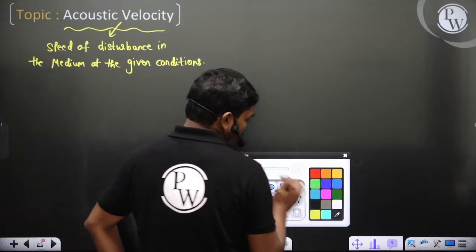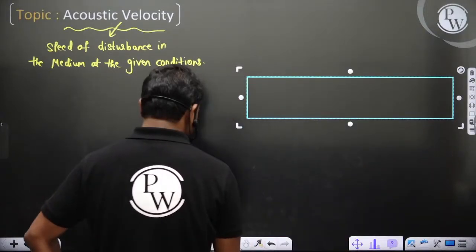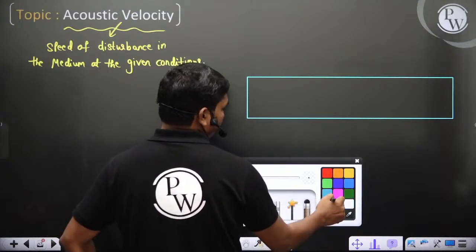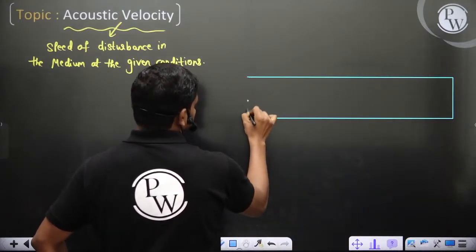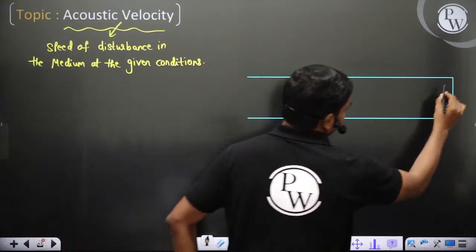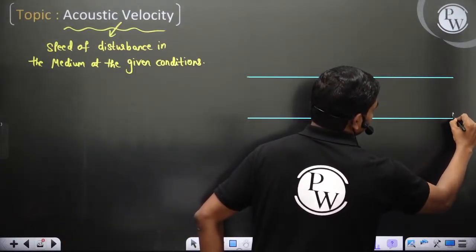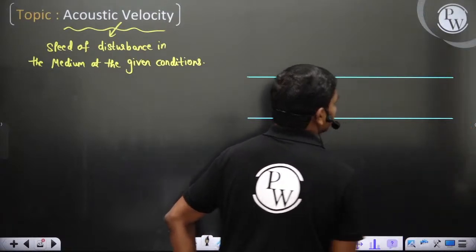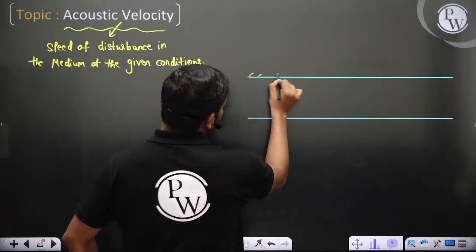Yeah, see, I'll give you an example. We'll try to do some analysis. Let's say there is a duct like this. Now this is an insulated duct.